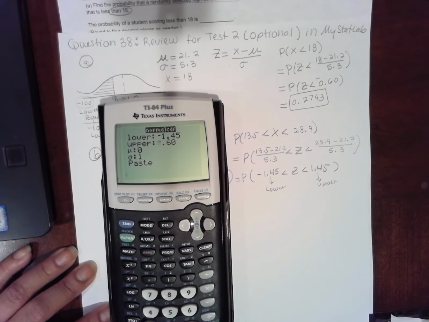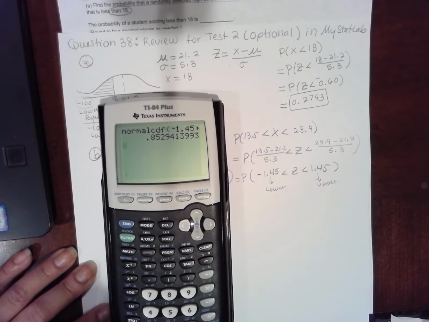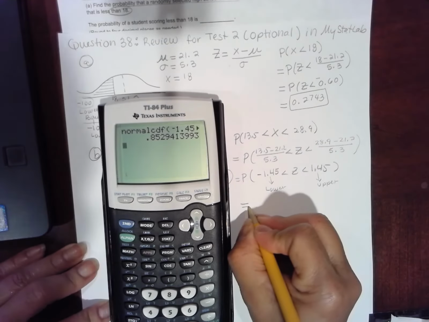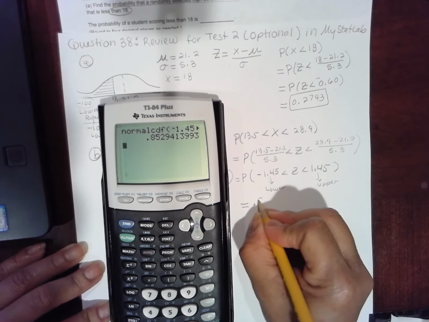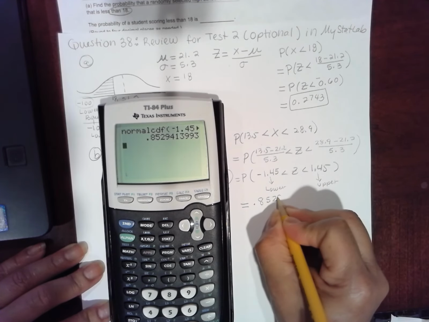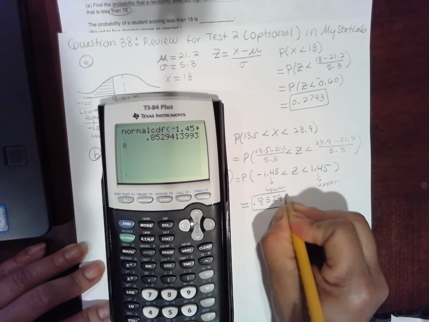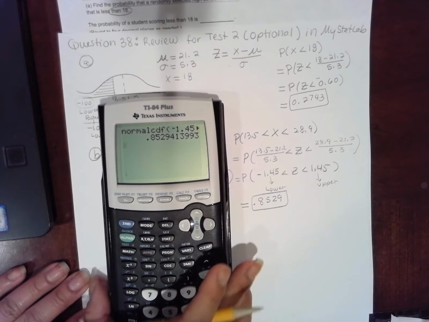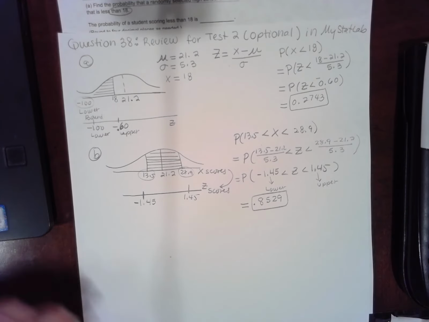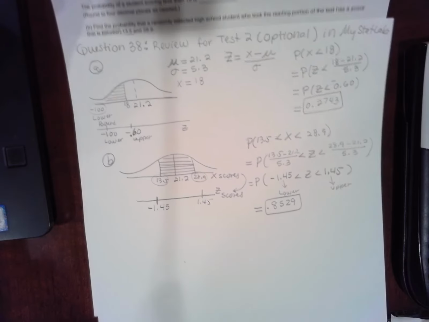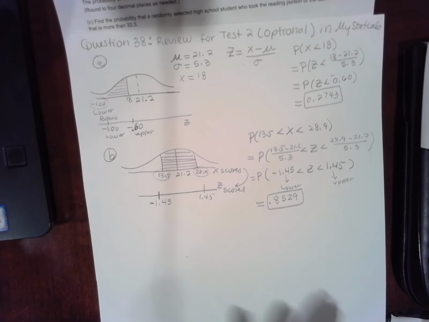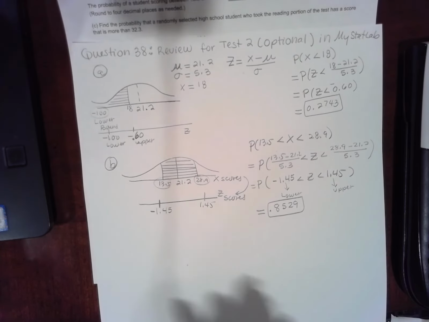The next one is positive 1.45. After that, continue entering. Again, you can use your calculator, but DORA is programmed with all the z-score tables. The answers will be up to 4 decimal places. So that is your final answer. Remember that you're going to be provided with the steps on how to use the calculator on the test, but you need to make sure that you practice on your own.